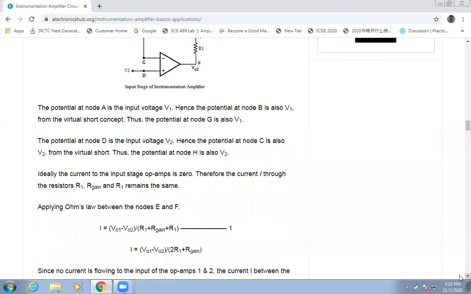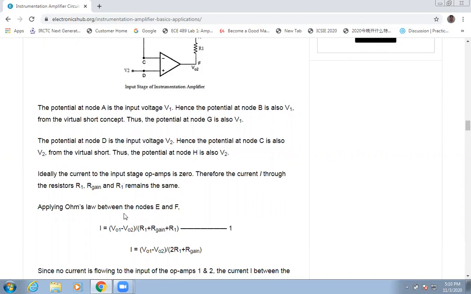Ideally, the current into the input stage operational amplifier is zero. Therefore, the current through the resistors R1, R gain and R1 remains the same.